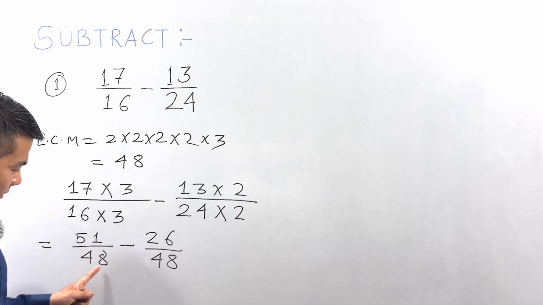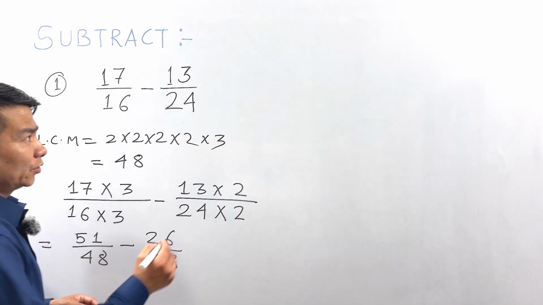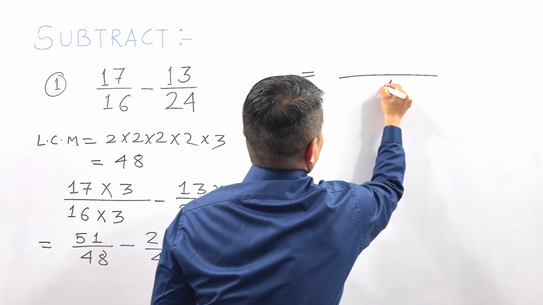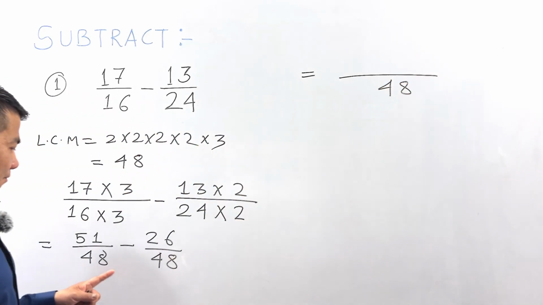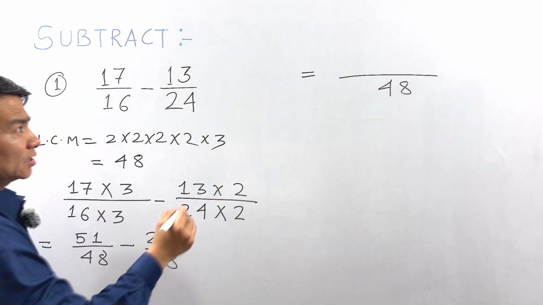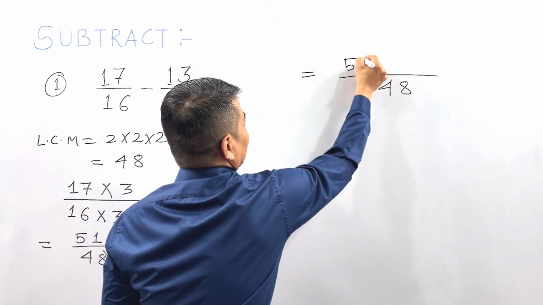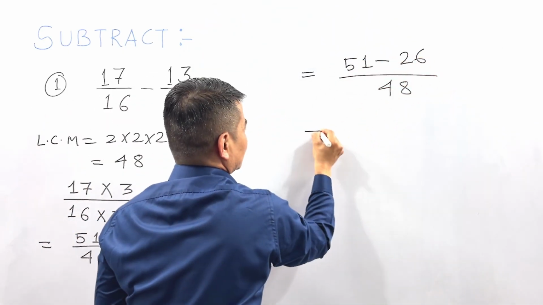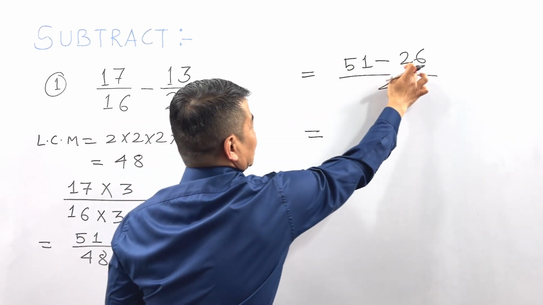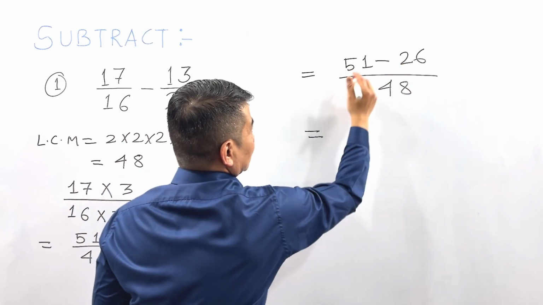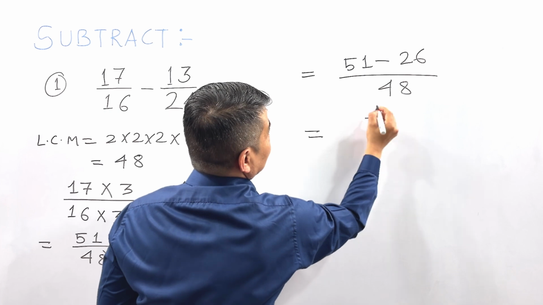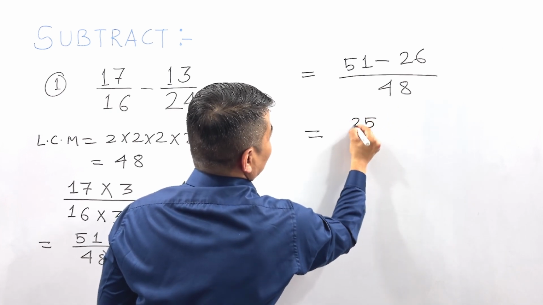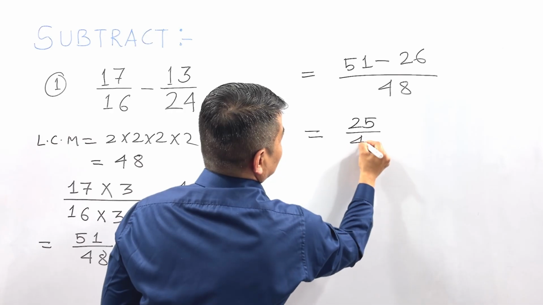Now since the denominators are the same here, we write equals to here and write 48 in place of the denominators. And the numerators are 51 and minus 26. When we subtract 26 from 51, we get 25, and it is 25 by 48.